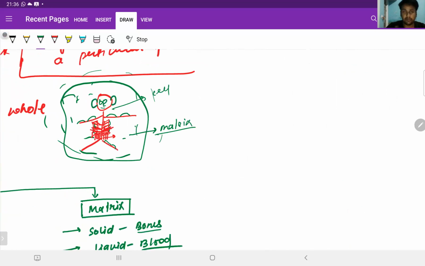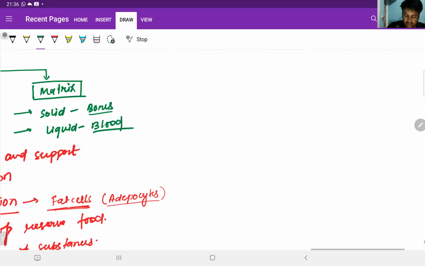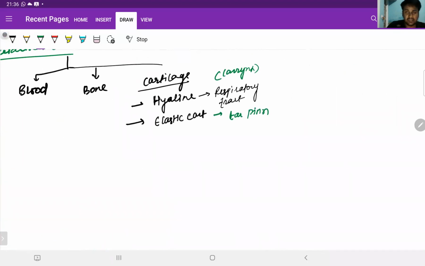These are the ear pinna, and it is formed by elastic cartilage, and as the name suggests, it is very elastic, right? It can also be present at the tip of the nose. So these are the locations where elastic cartilage is present, and the other type is what we call fibrocartilage.